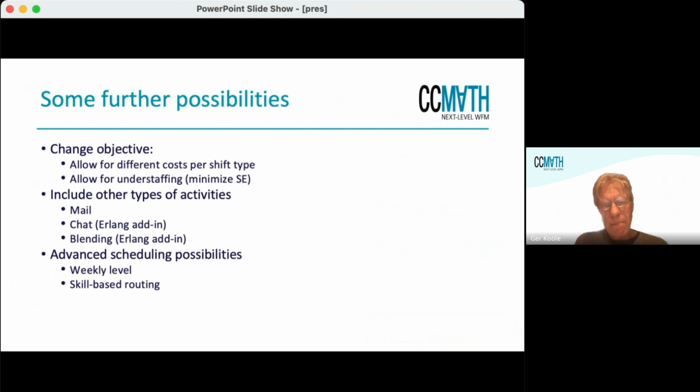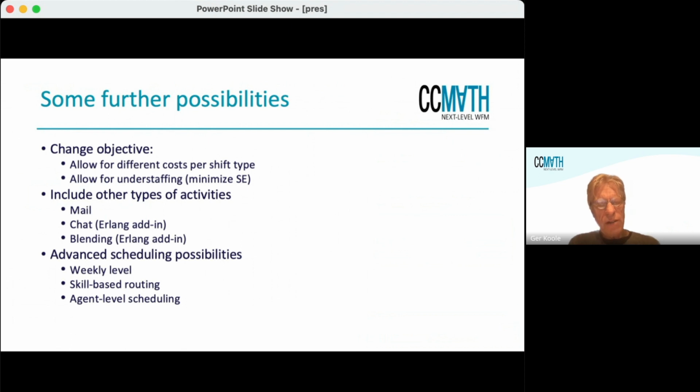Skills-based routing, where you have some agents that have certain skills, but not all the skills, typically needs a technique called simulation. You cannot use Erlang anymore. Erlang is really only appropriate for single skill operations. So if you have multi-skill operations, then you need other tooling, which goes beyond an Excel sheet with the Erlang plugin and the solver.